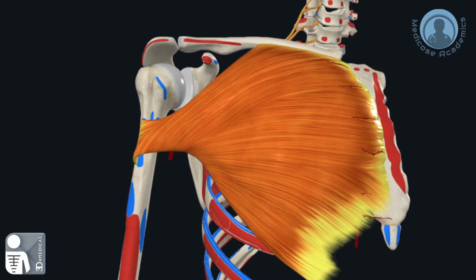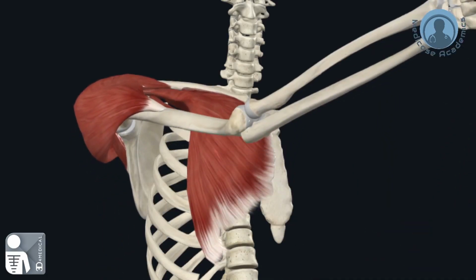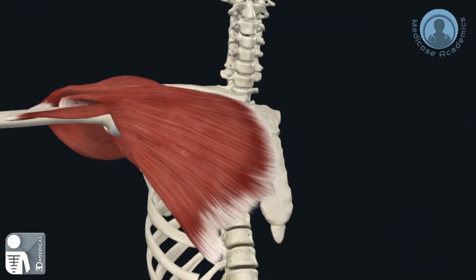Now let us talk about its functions. As the shoulder joint is a very mobile joint, this muscle plays its part in movements across all three axes. Along the anteroposterior axis, there is adduction and abduction of the shoulder joint. So, to test this muscle, you ask the person to flex the shoulder joint and abduct it.